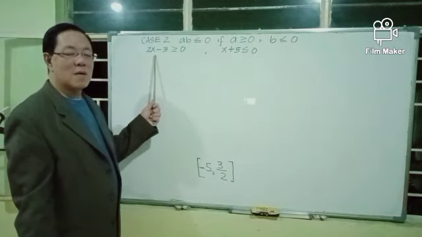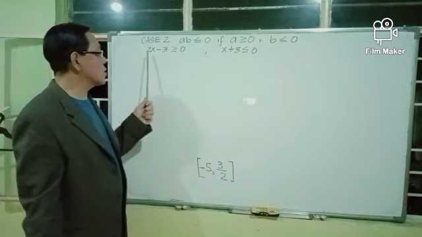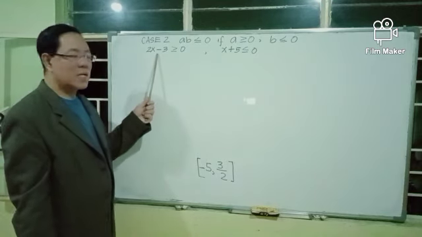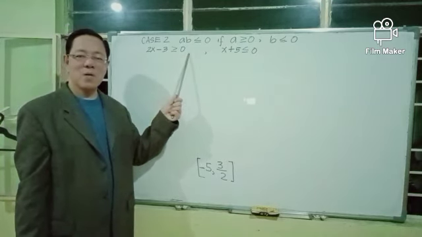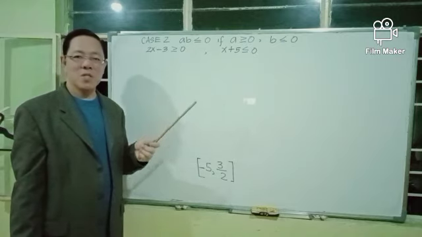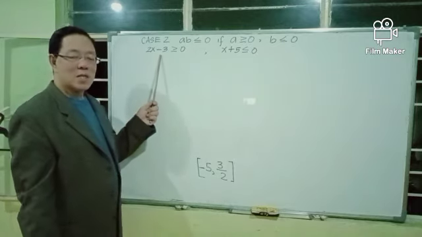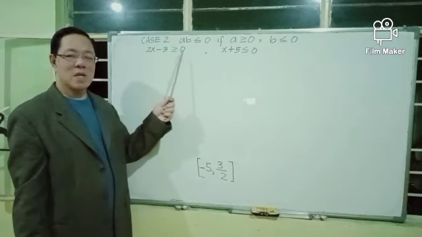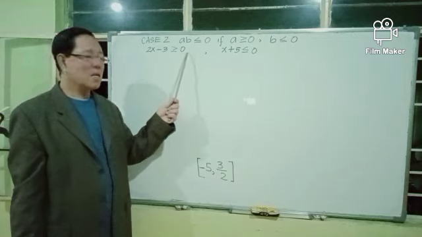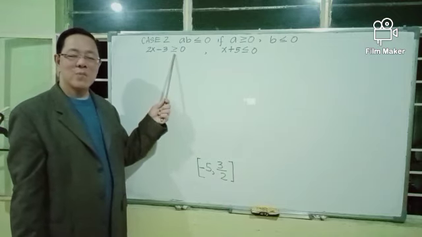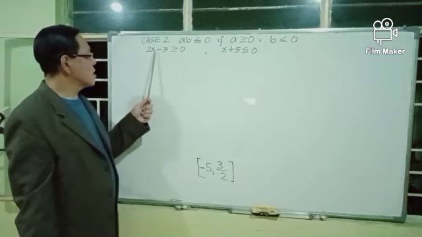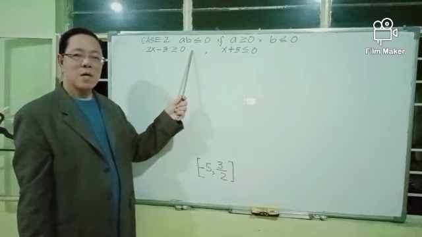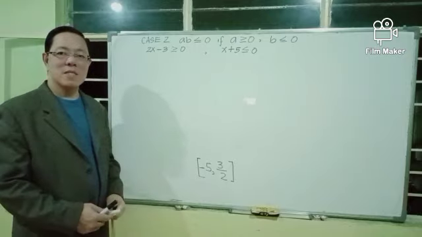And we start from this linear inequality, 2x minus 3 greater than or equal to 0. We take negative 3 to the other side, that is by transposition, or by the addition property of inequality, you add 3 to both sides of the inequality, and the inequality sign will remain true. If we transpose negative 3 to the right hand side, it becomes positive 3.